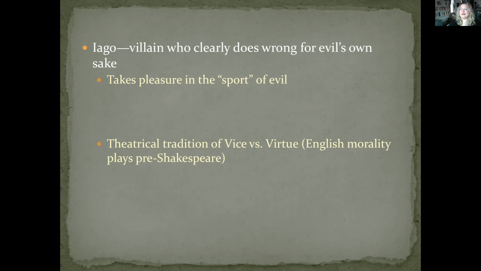There were really strict legal structures in place about theater and plays and what could or couldn't be performed. So the theatrical tradition of vice versus virtue, morality plays, there were actually laws in place that plays could only be performed if virtue wins in the end.